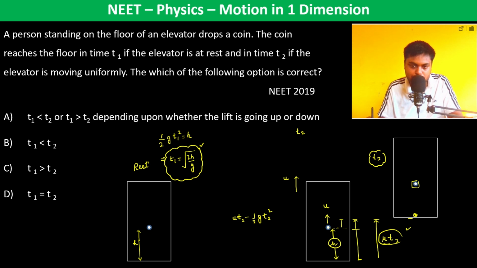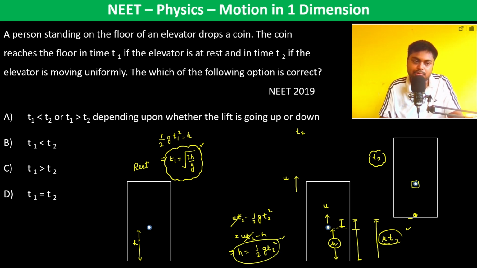So this much should be the distance which the coin has gone up. So u t2 minus h. So u t2 gets cancelled. So here also h becomes equal to half g t2 square. Therefore t2 is again root 2h by g. So therefore D option is correct.